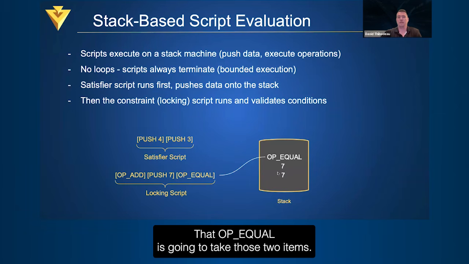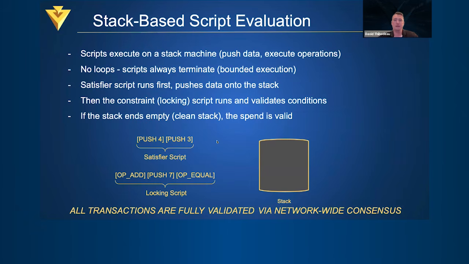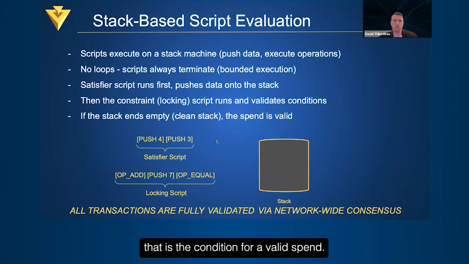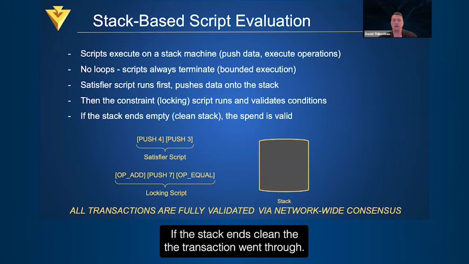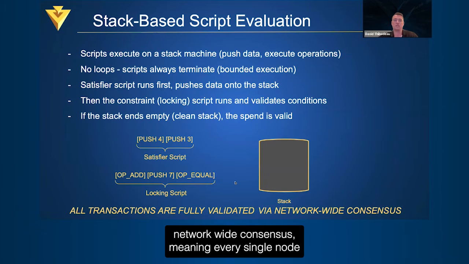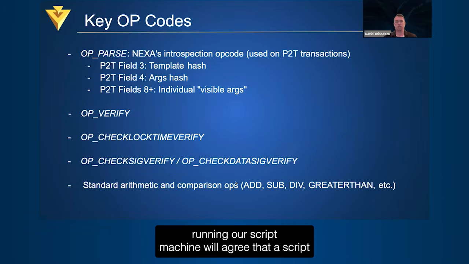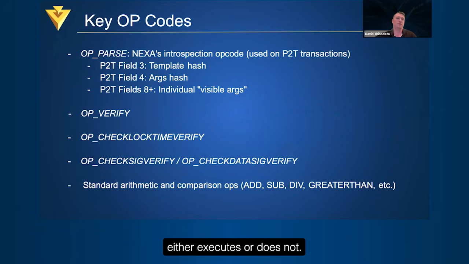That op equal is going to take those two items, compare them for equality. They all three disappear. The stack is now clean. And that is the condition for a valid spend. If the stack ends clean, the transaction went through. All transactions are fully validated via network-wide consensus, meaning every single node running our script machine will agree that a script either executes or does not.